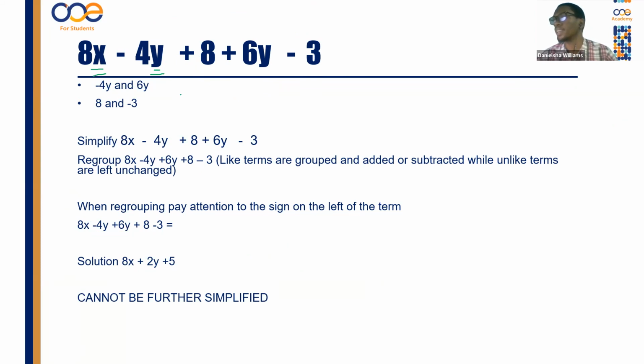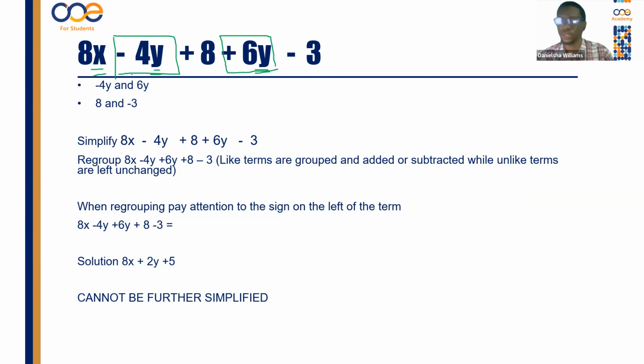After we identify all the variables, we group the ones that are similar together. So we have this 6y and this 4y. When you're grouping them, we should take the coefficient with the sign that's in front of it.